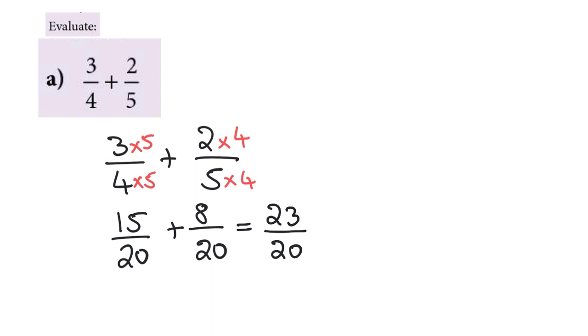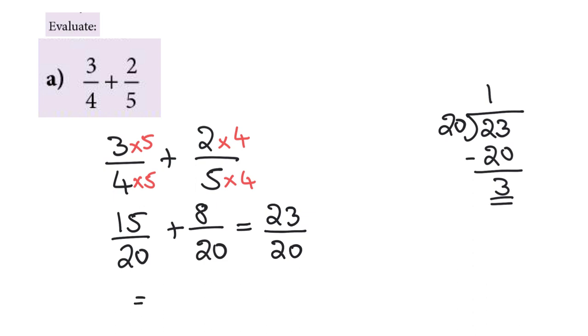We can write this improper fraction as a mixed fraction. How do you do that? In case you have forgotten, 23 divided by 20. 1 times 20 is 20. You subtract and the remainder is 3. So how do we write it as a mixed fraction?